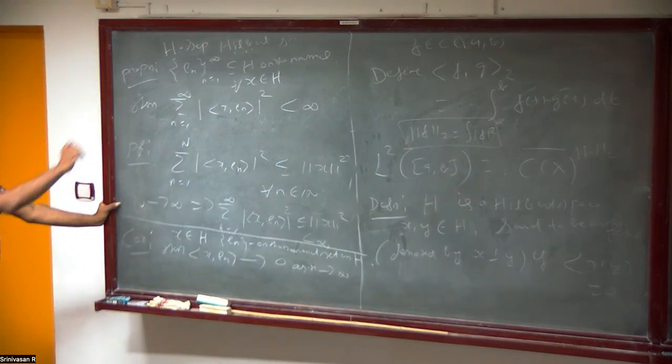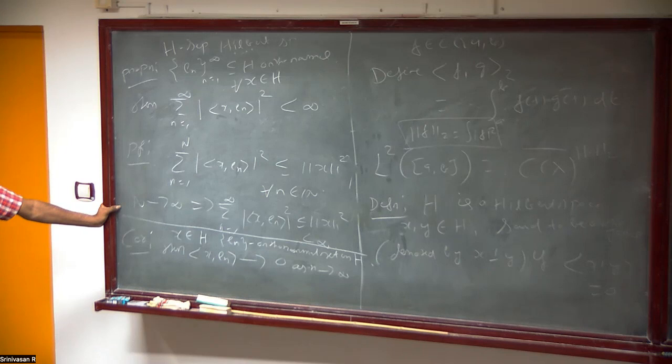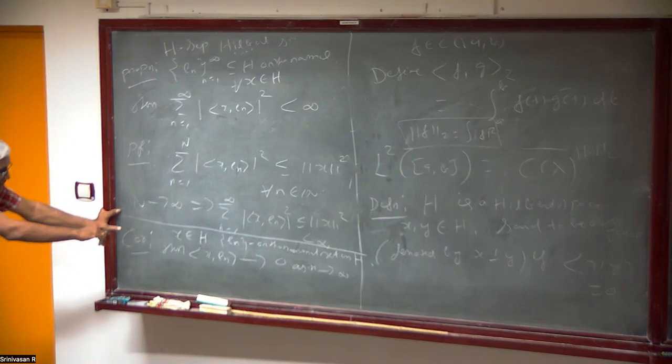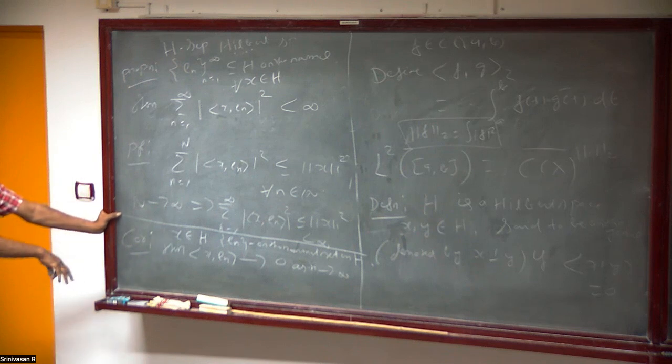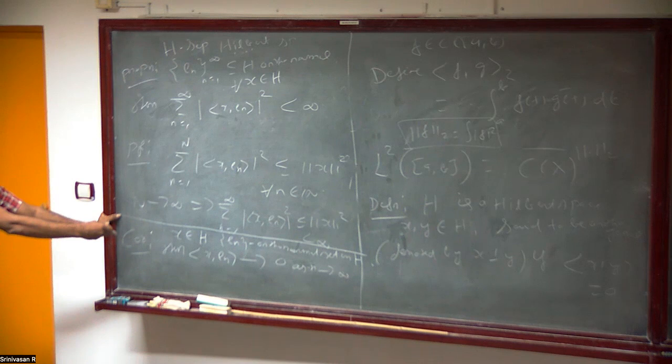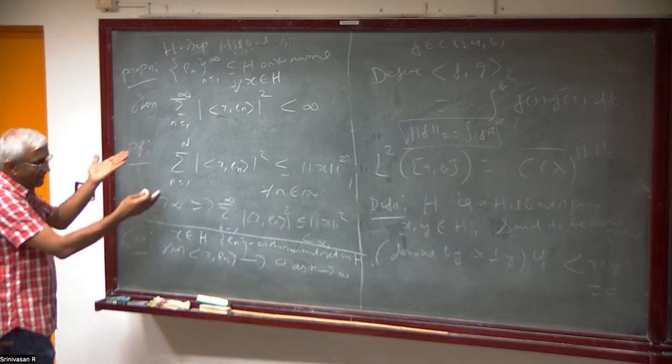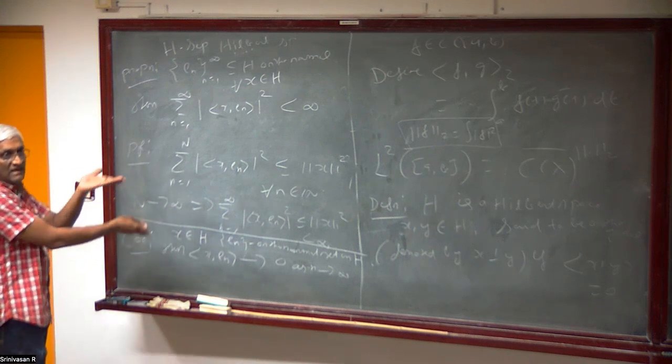The corollary is clear. Of course, this series converges, so the terms have to go to 0. This is what is called the Riemann-Lebesgue lemma in Fourier series. You'll see that; abstractly it follows immediately in a nice way. We will write all the definitions, then it will follow immediately.